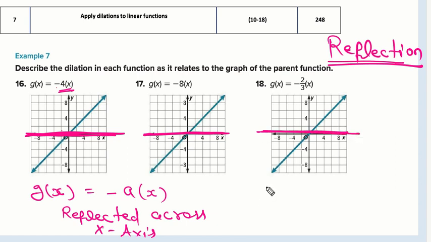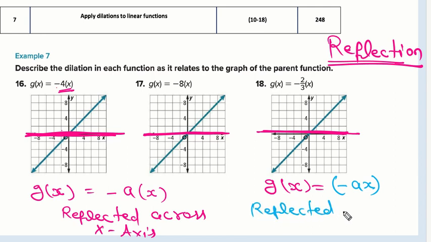Now what if you have g of x is equal to, in the parenthesis, minus ax? Then this will be reflected across the y axis. That is the basic difference.